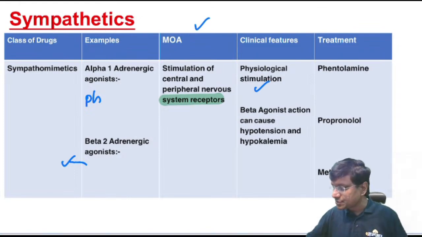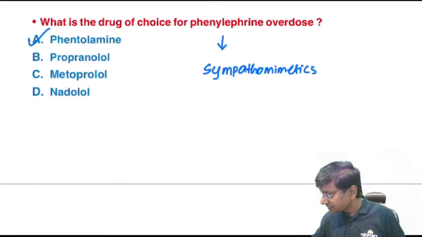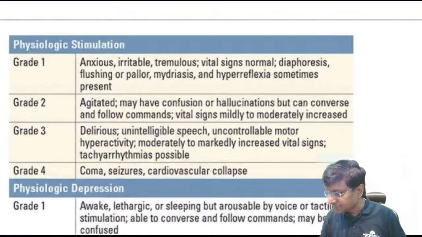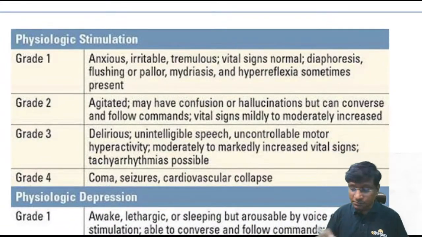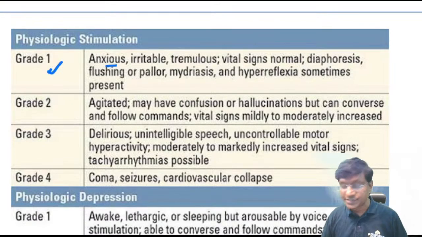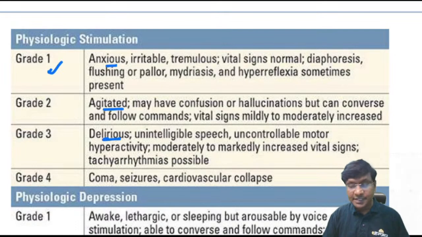Depending upon the severity, they can have anxiousness or agitation, or they may go into a state of delirium, and may finally land up in coma and seizures. These are the features of the physiological stimulation you can have because of sympathomimetic overdose.